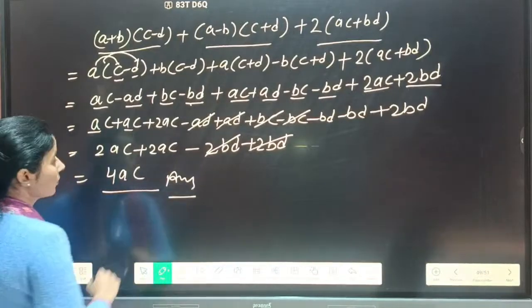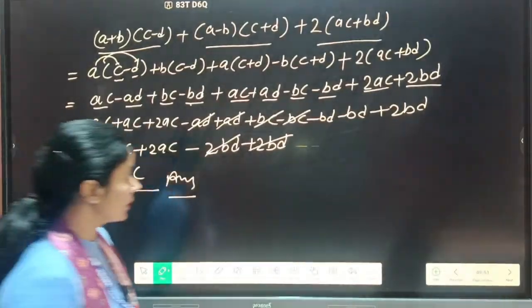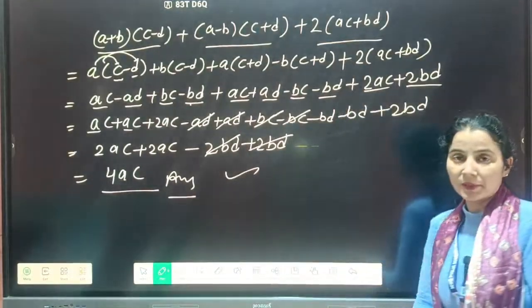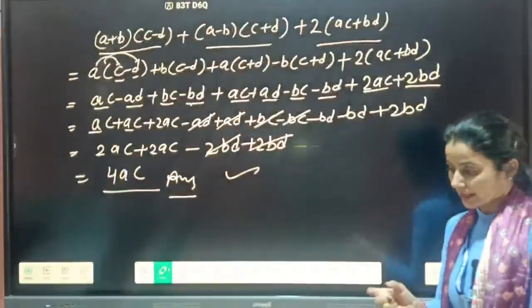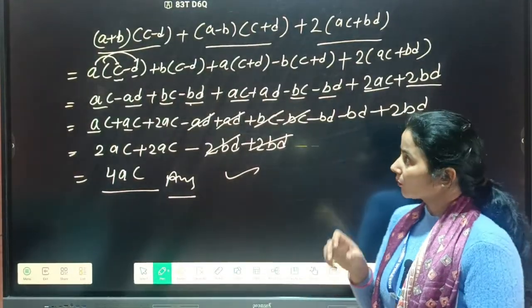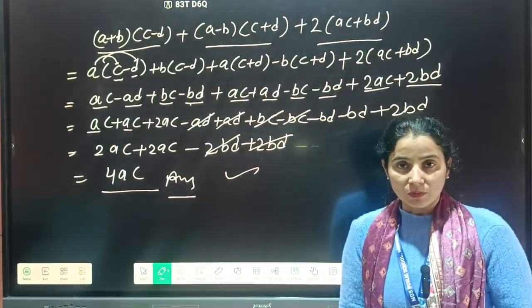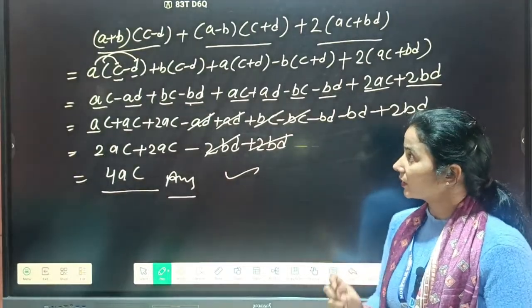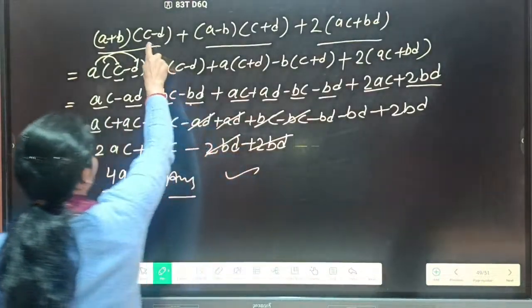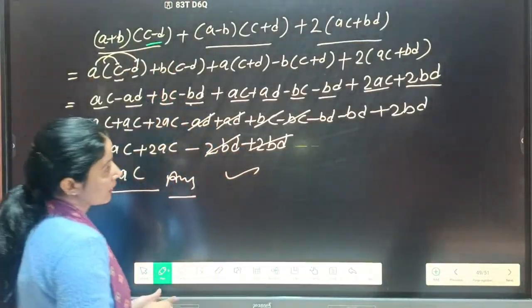Okay. Now let us do the fifth part. This part is completed. Simply you have to multiply. In multiplication, you may multiply a binomial with a binomial, a monomial with a binomial, or a binomial with a trinomial. Each term of the binomial must be multiplied with each term of the other expression.